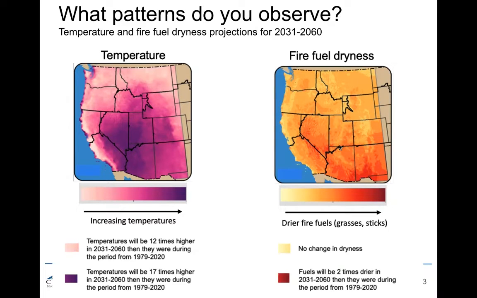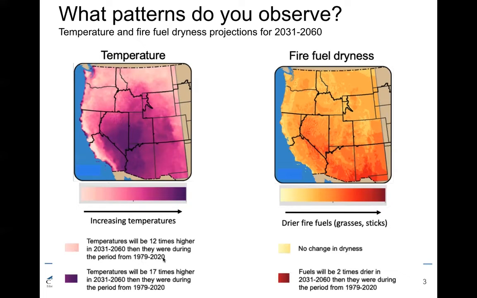The figure in the paper is much more complex, but basically these are projections for 2031 to 2060 with respect to a 1979 to 2020 baseline. So how are our model projections for temperature and fire fuel dryness different in 2031 to 2060 with respect to 1979 to 2020?